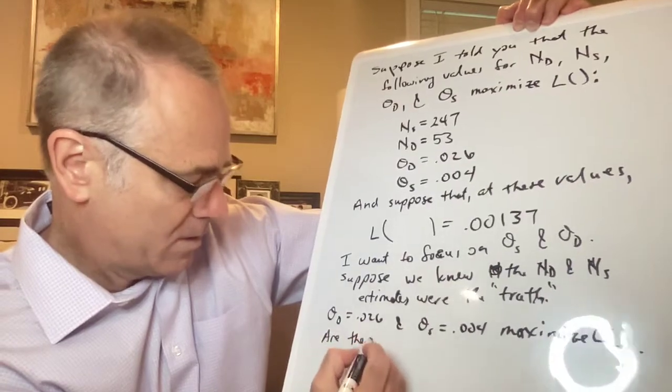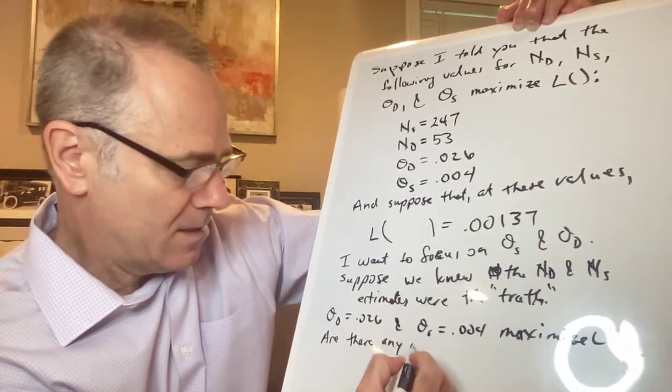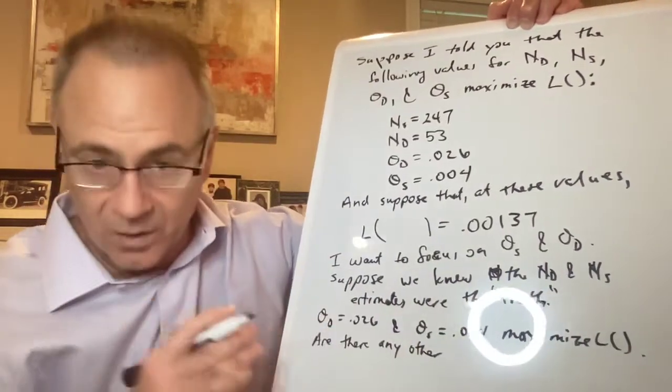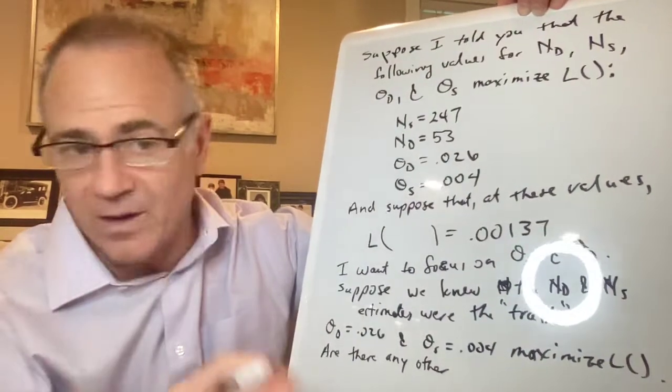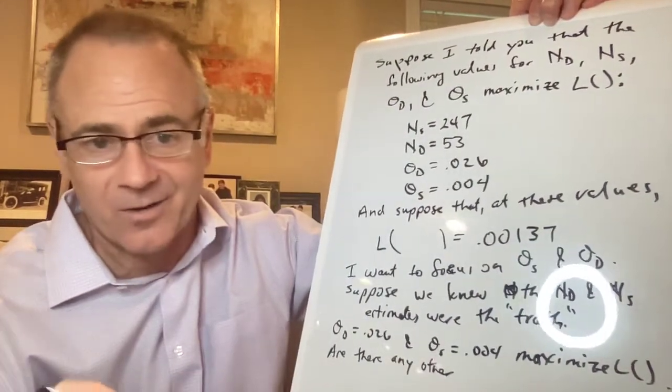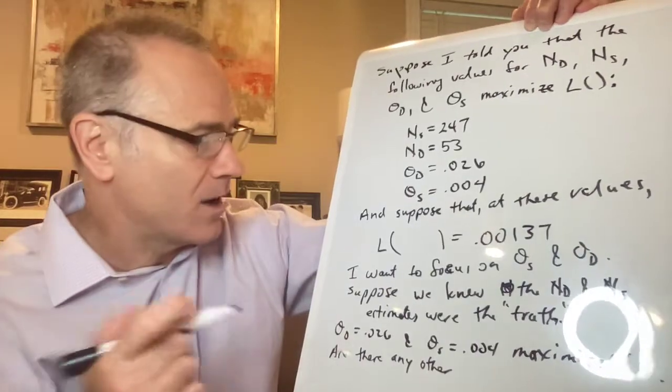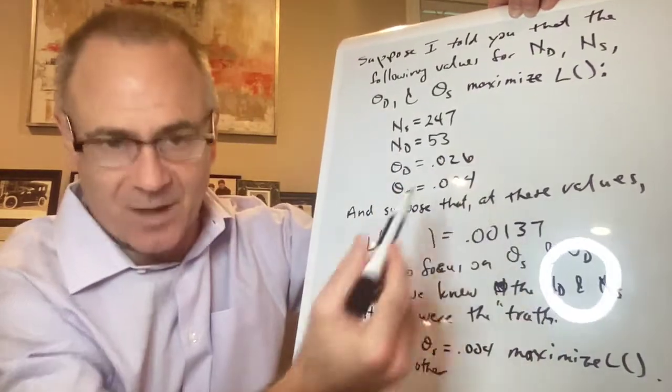Are there any other values? We're given that's the truth. Let's say we know there are no errors in our computer program or our Excel program, so we know that these maximize it.